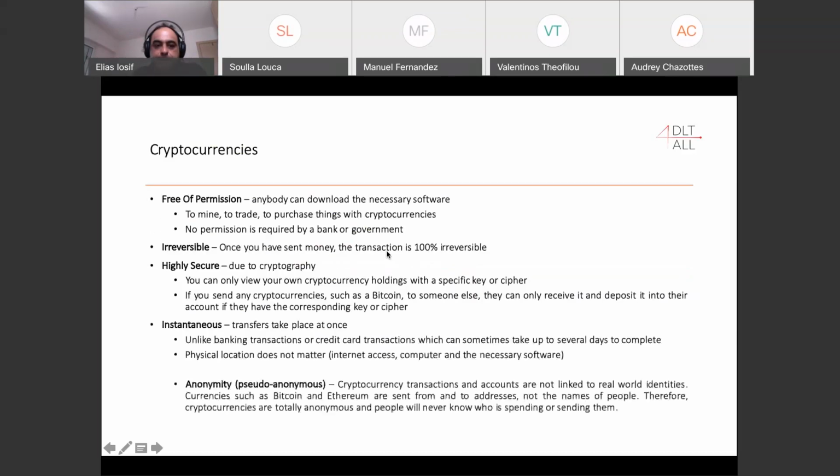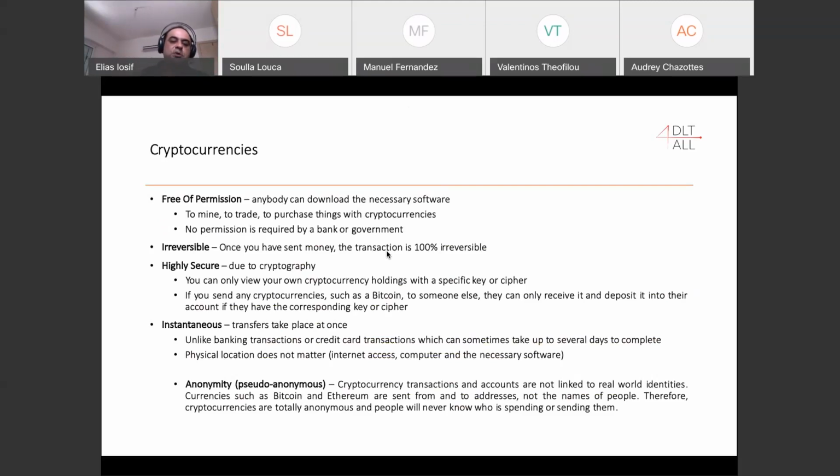So first of all, let's quickly see what are the main characteristics of cryptocurrencies, which, as it was mentioned, constitute the main use case of blockchain technologies. This was and continues to be the first and one of the most important applications of blockchains.